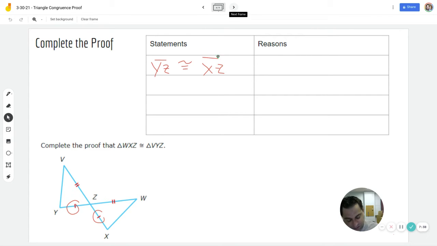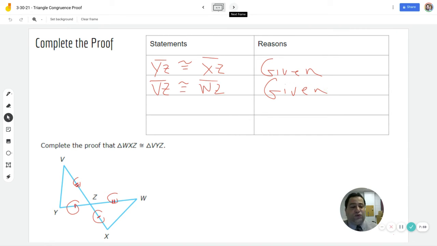And that's given. Then I have another one here. I have VZ is equal to WZ. And that's also given.